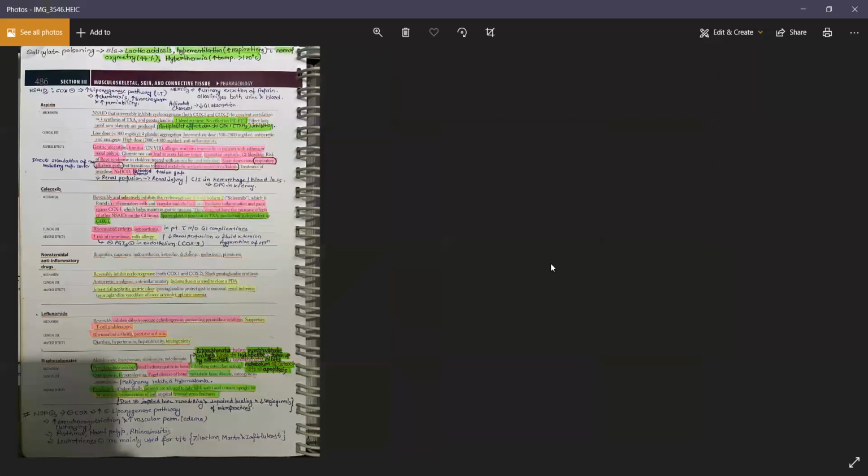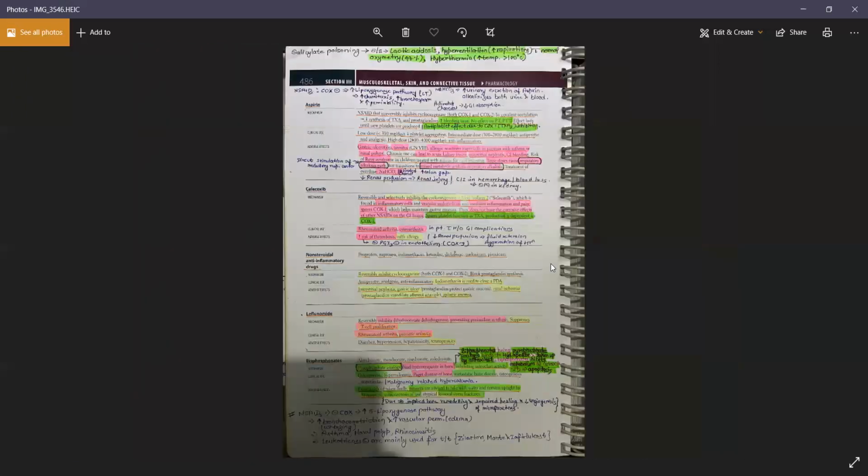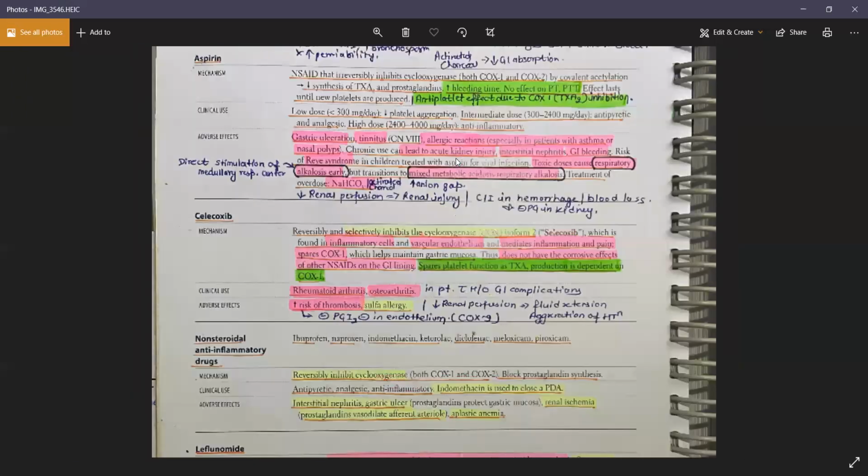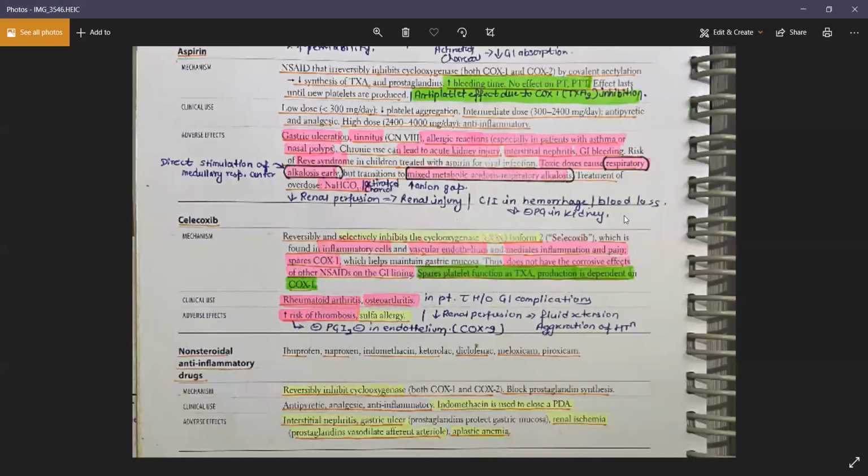If you give these patients aspirin or any NSAIDs which inhibit the cyclooxygenase pathway, then you can get the kidney injury also, right? So in an acute blood loss, in dehydration, in hemorrhage, you cannot use the aspirin, because of the risk of kidney damage. Very important. You will have a decrease in perfusion, you will have the kidney injury.